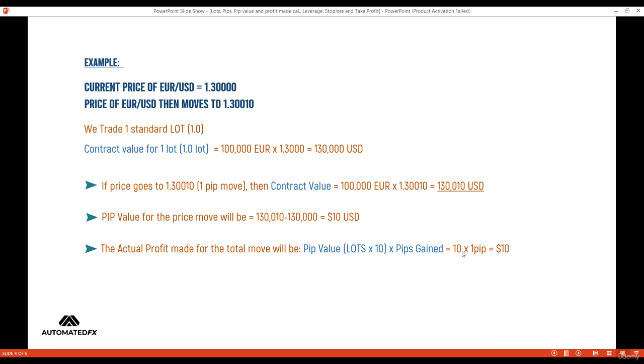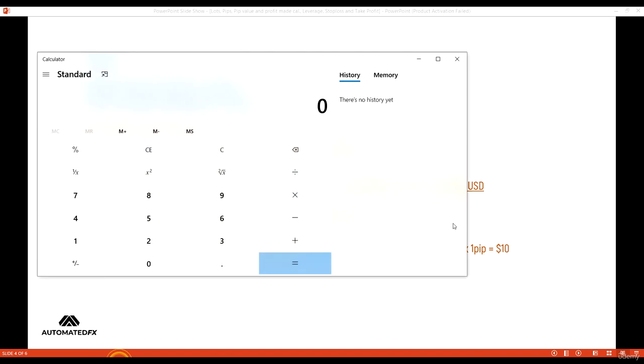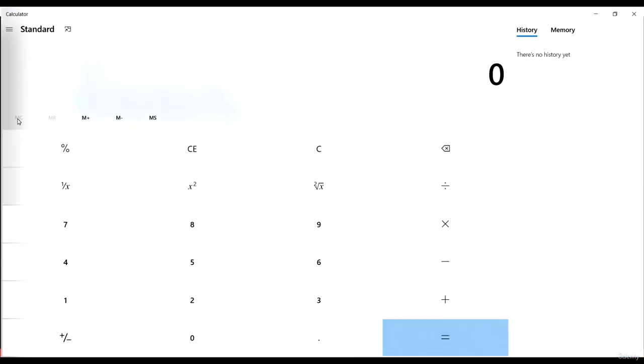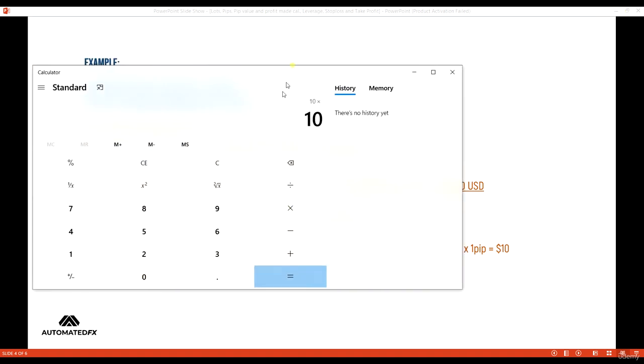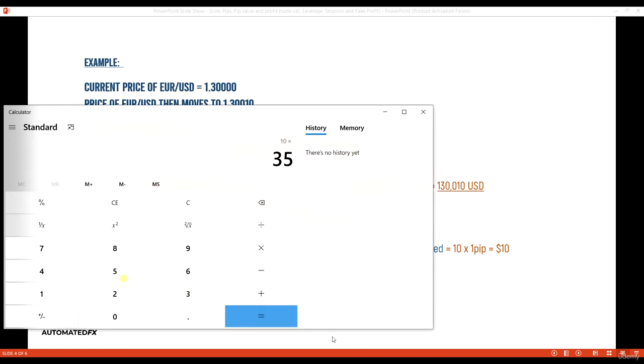Now, what if we made more than 1 pip? What if we made, let's say, 35 pips? The value for the movement of 35 pips will be equal to 10 multiplied by 35.